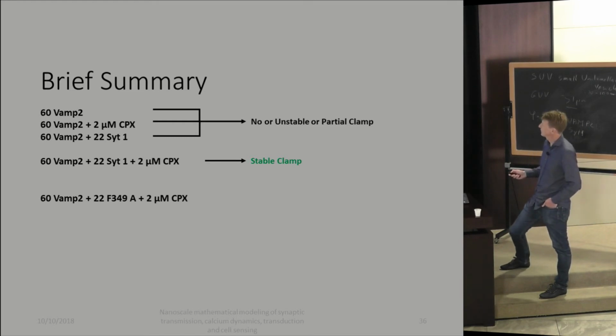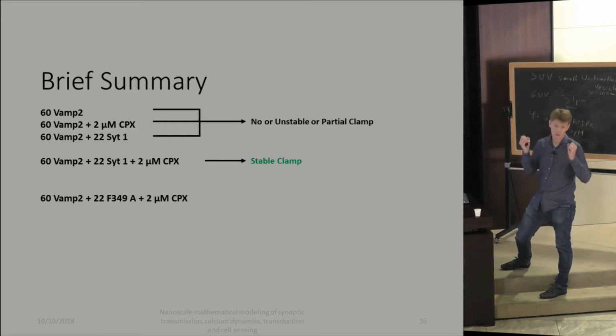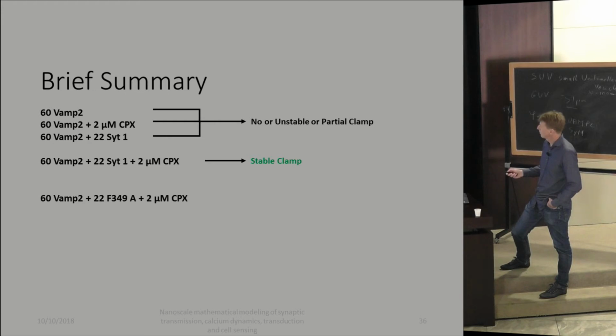If you put 60 VAMP alone, there's no clamp, meaning the vesicles just go to fusion. If you put complexin, which is a protein I mentioned before, in solution, 2 micromolar, same. If you put 22 synaptotagmin, like in physiology, same also, it fuses.